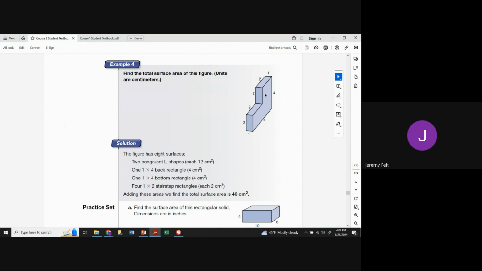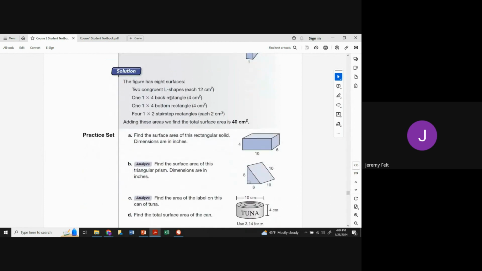This is an odd shape. We just found the area of this L shape. Same thing left and right. 1 by 2, 2 by 1, 1 by 2, 2 by 1. So these are all the same area, so that's why we can do 4 of those, and then 4 by 1 on the bottom and 4 by 1 on that back side that we can't see. We add them all up and it's 40 square centimeters.